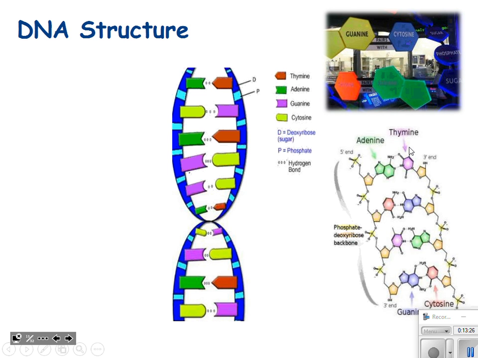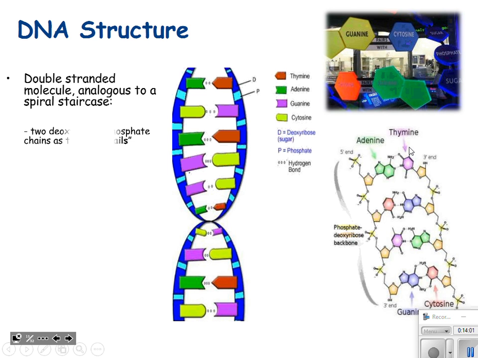Now let's talk about the structure of DNA. DNA is a double-stranded molecule that is analogous to a spiral staircase. Anybody got a spiral staircase in their house? You don't usually have those anymore. One of my buddies had one where he grew up. But the DNA, the double helix, is like a spiral staircase.